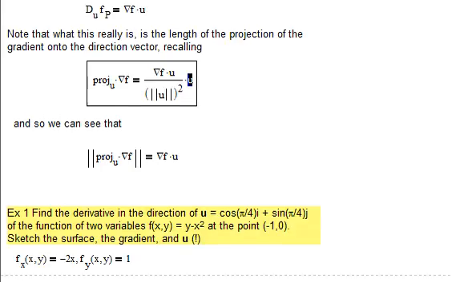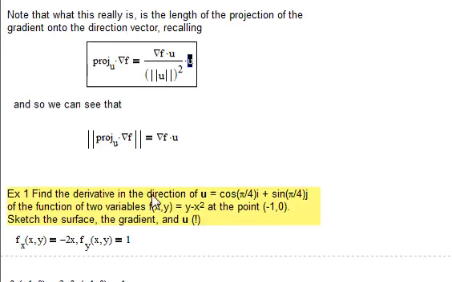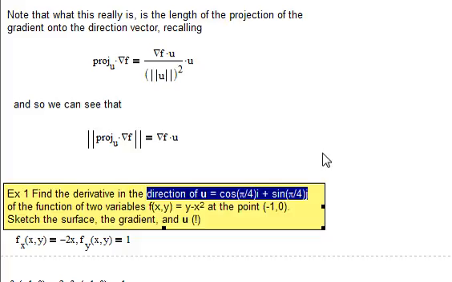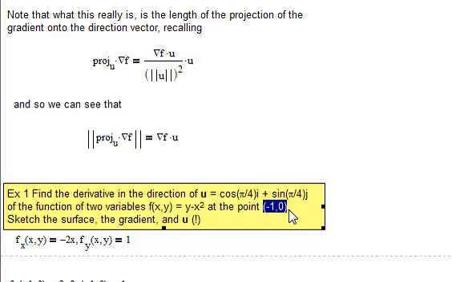Okay, now meanwhile, find the derivative in the direction of this vector, u equals cosine pi over 4 i plus sine pi over 4 j. In other words, in a 45-degree angle from the positive x-axis, what is the slope of this curve? And the curve is f of x, y equals y minus x squared. And we're going to find it at the point where x is negative 1 and y is 0.